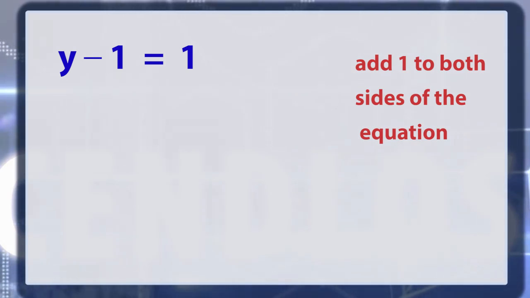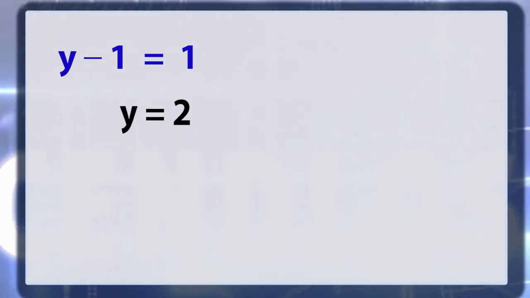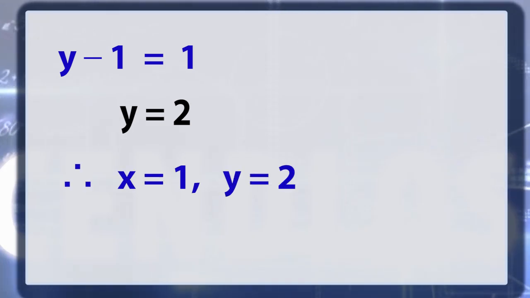We have to actually add 1, positive 1, to both sides of the equation. So we have y minus 1 plus 1 is equal to 1 plus 1. Remember, minus 1 plus 1 is equal to 0. So we have y is equal to 1 plus 1, which is equal to 2. Therefore, when x is equal to 1, we have y is equal to 2.